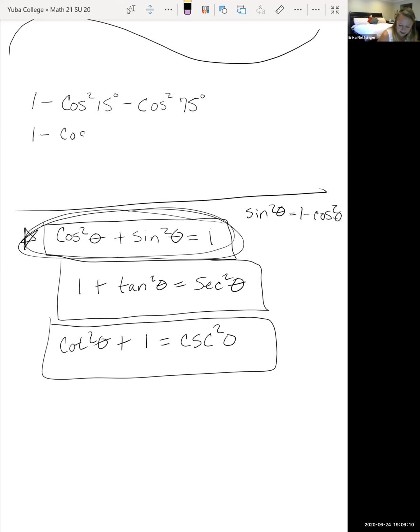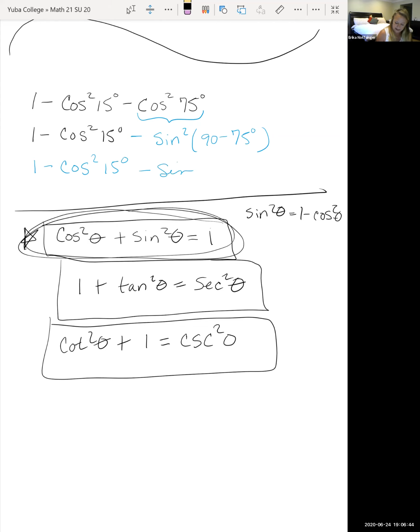So I know that this, let me just do minus real quick. This right here is the same thing as sine squared of 90 minus 75 degrees, by being a cofunction. So now I have 1 minus cosine squared of 15 degrees minus sine squared of 15 degrees.